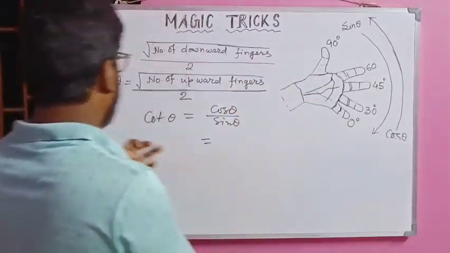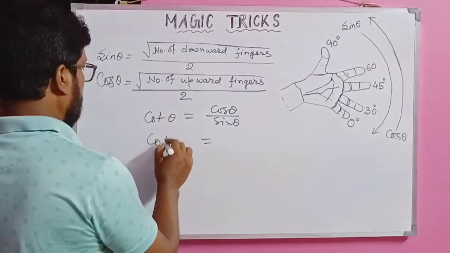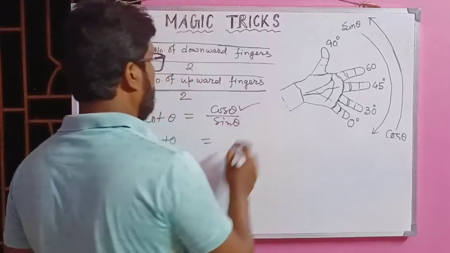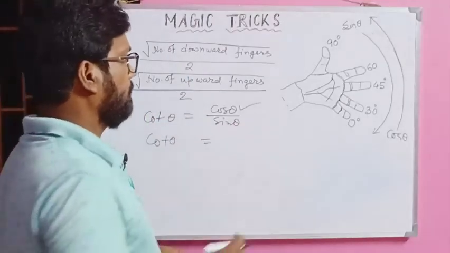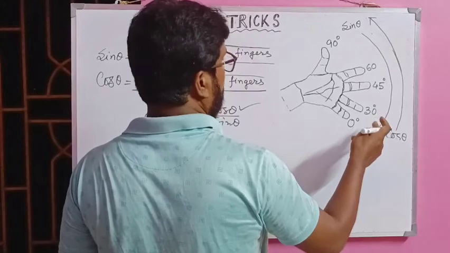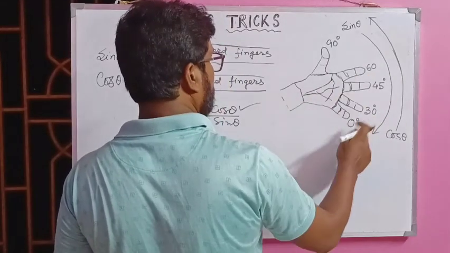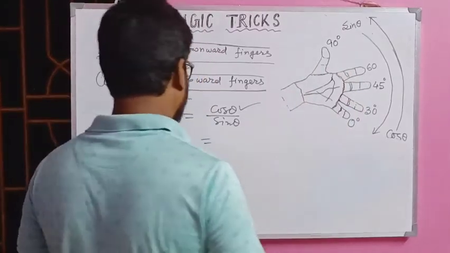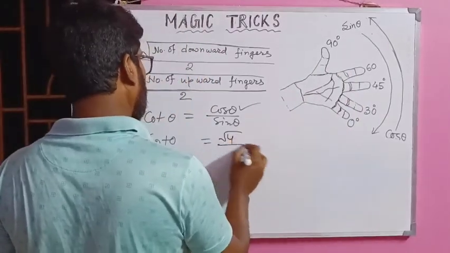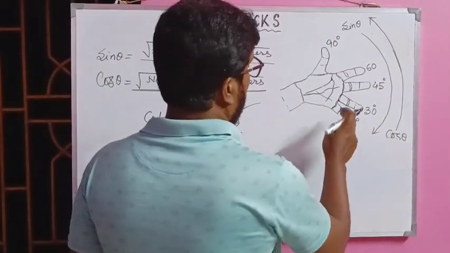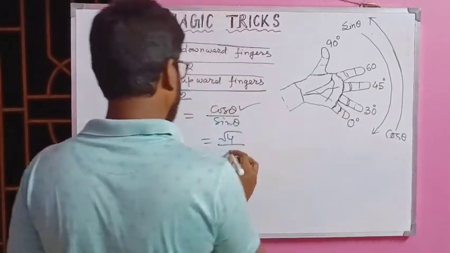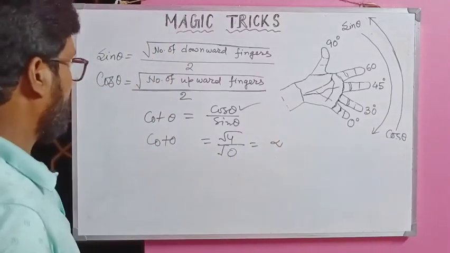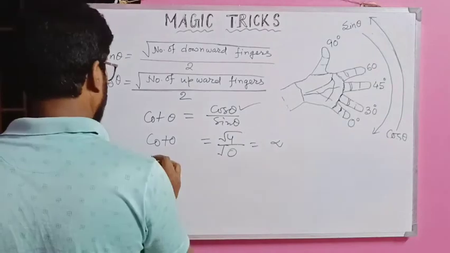When we calculate the value of cot 0, here is 0, we first calculate the value of cos theta. Therefore, we count the number of fingers in upward direction. 0 degree: 1, 2, 3, 4, 4 fingers are left in upward direction. Therefore it will be root 4 by, here is 0, there is no finger left. Therefore it will be infinity. Cot 0 equals undefined or infinity.